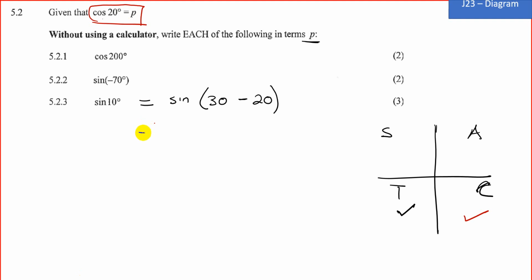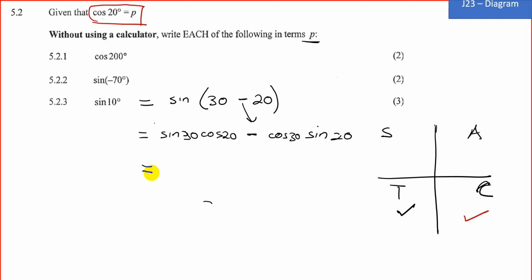So we're going to expand that using the compound angle formula: sine, cos, cos, sine. The first angle is 30, the second angle is 20, and that minus will stay the same. Now you can use your calculator for special angles.